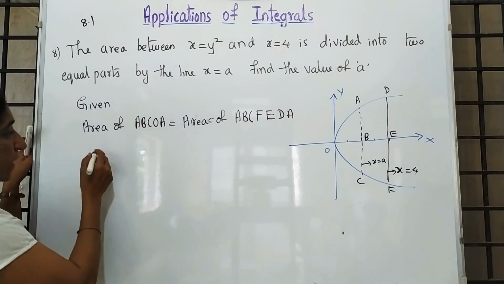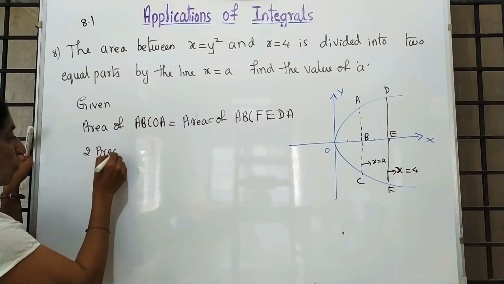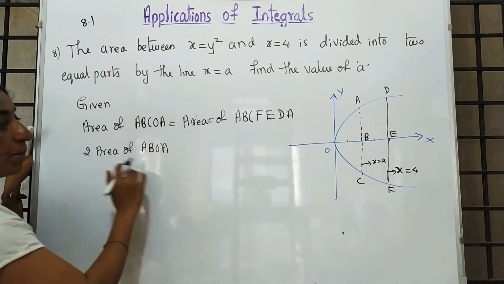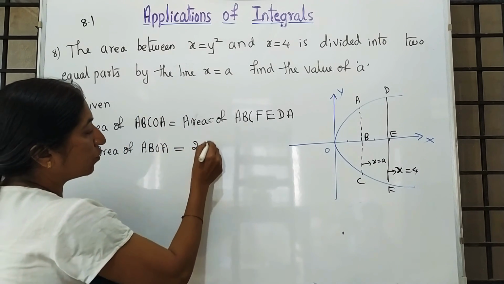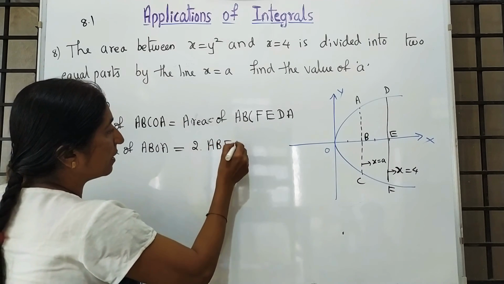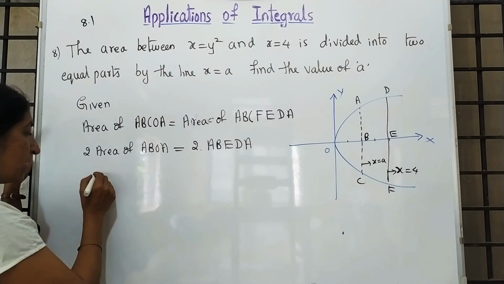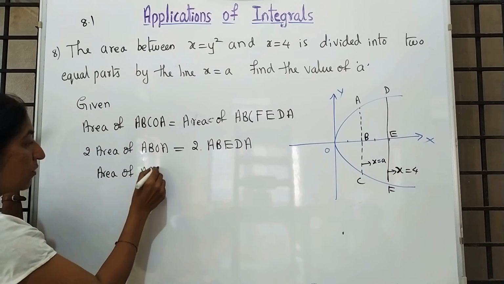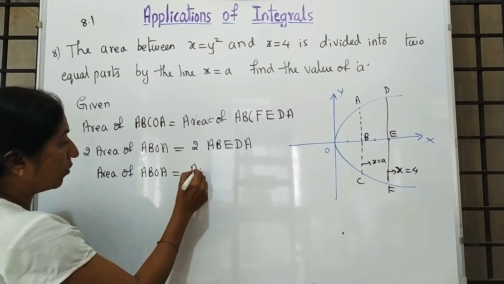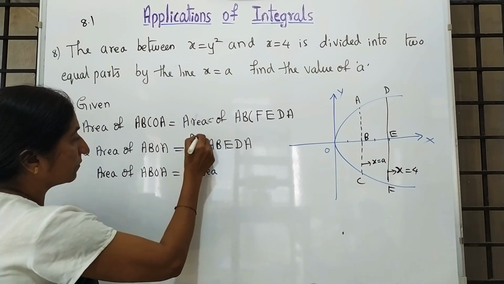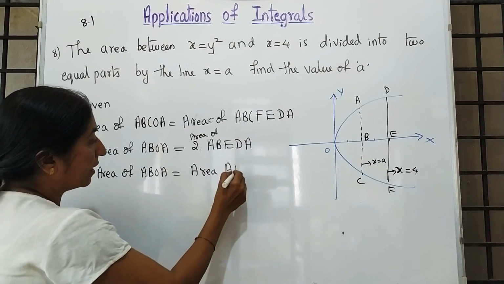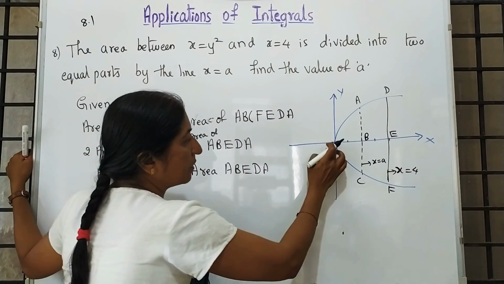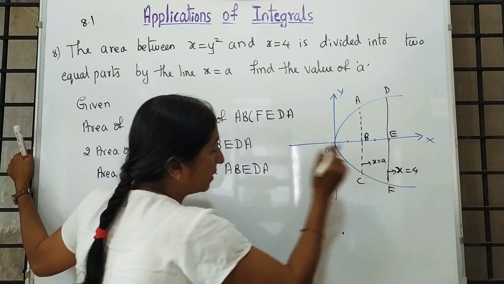But instead of taking this, we can take 2 into area of ABOA only in the upper part, that means in the first quadrant. 2 into ABEDA. Both the sides 2 get cancelled. We can write area of ABOA is equal to area of ABEDA. So here this part means from 0 to a, because this line is a.